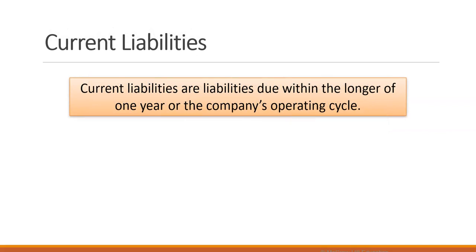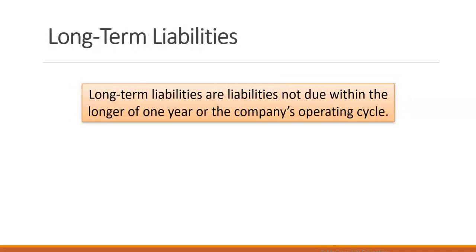Current liabilities are liabilities due within the longer of 1 year or the company's operating cycle. Examples of current liabilities are accounts payable, salaries payable, and interest payable. Long-term liabilities take longer than 1 year to pay, or are going to be on our books for longer than 1 year.